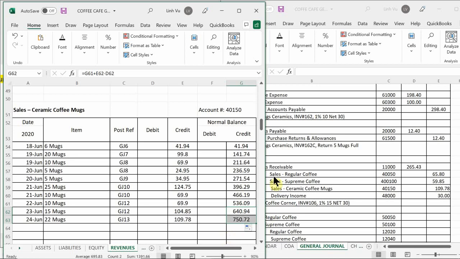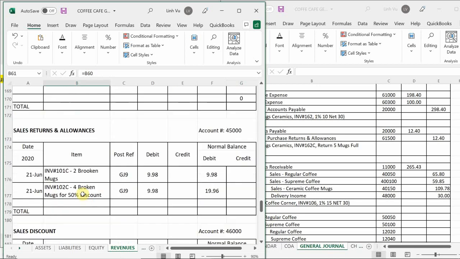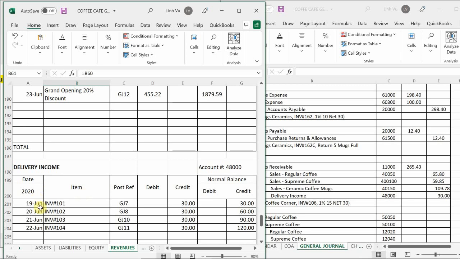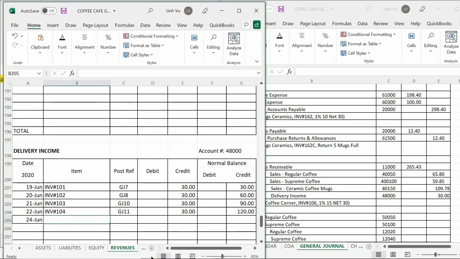Last but not least, we have delivery income, for $30. So therefore, our account balance is 150. Okay, what's next?